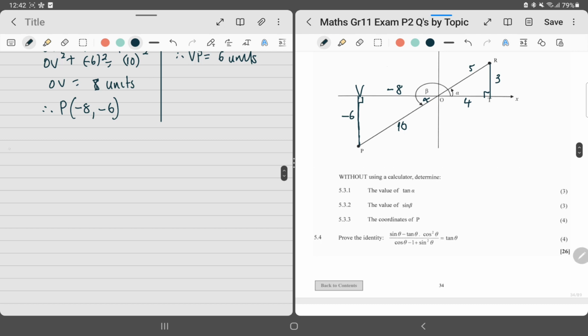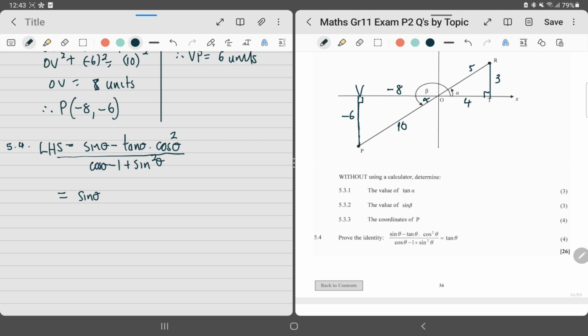Okay, 5.4. Sine of theta minus, okay, let's just do this. The left hand side should be equal to sine theta minus tan theta cos squared theta, over cos theta minus 1 plus sine squared theta.